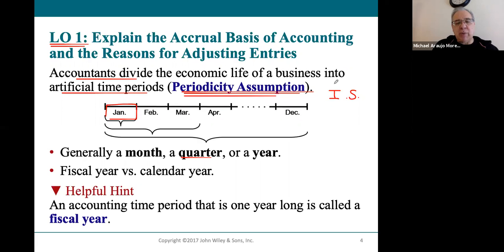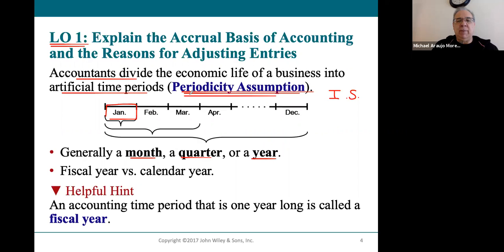And the longest we will measure our income statement is 1 year. In other words, we will do income statements on a monthly basis. A 3-month period is called a quarter. And after a 12-month period, that's the year. That's the longest we can keep records.